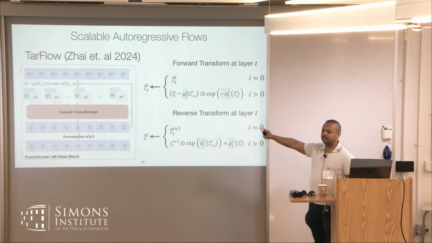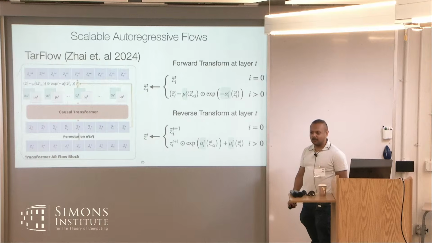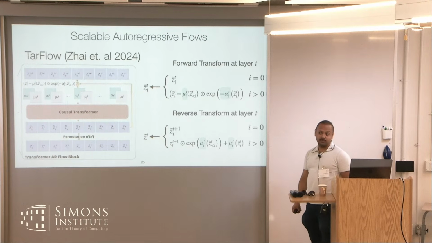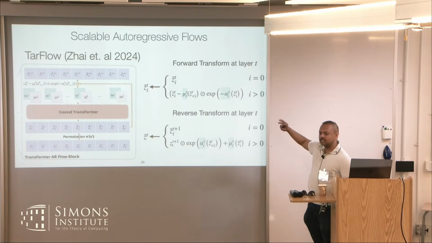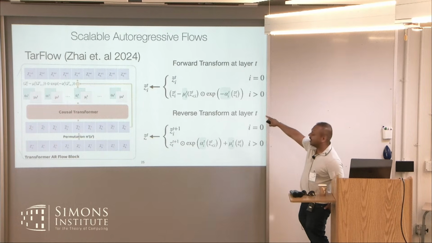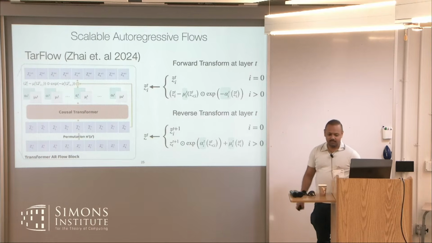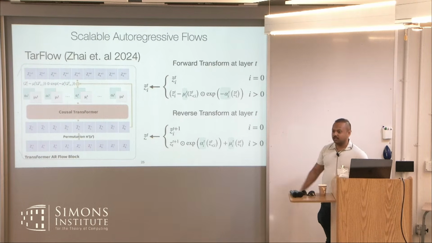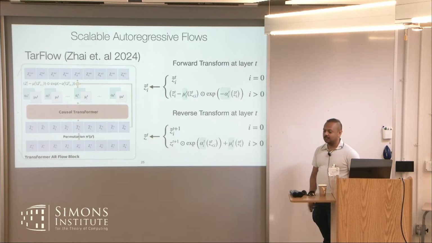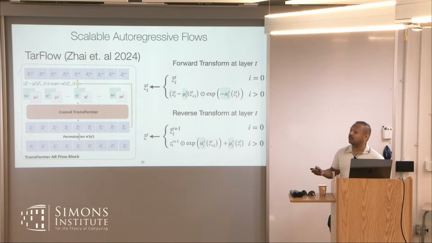So you're not constructing more exotic architectures than you need just to enforce invertibility. You can get away with something simple as long as you put all the modeling power behind learning this mu and this alpha. And that was the main punchline. So they managed to scale to text-to-image models, to ImageNet scale, and far beyond, just by using the simple model class, but much more modern recipes.